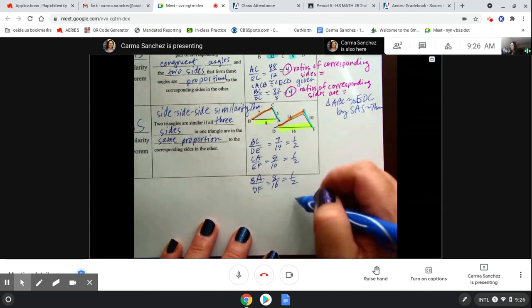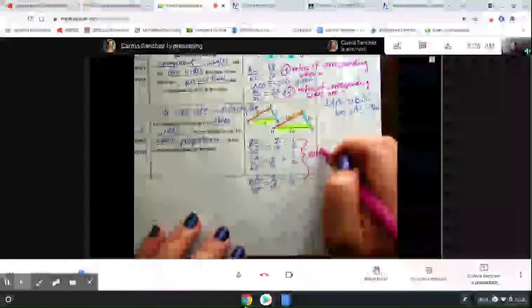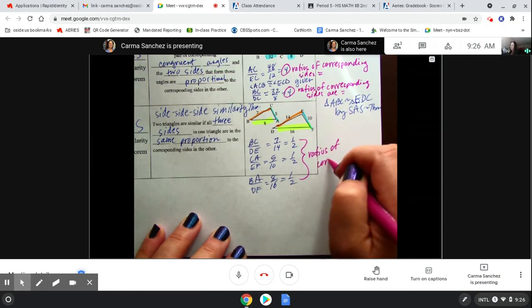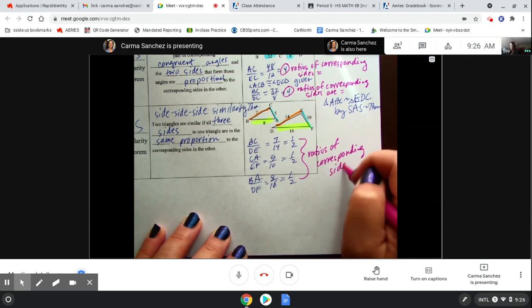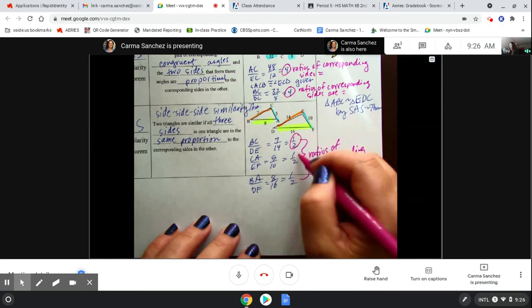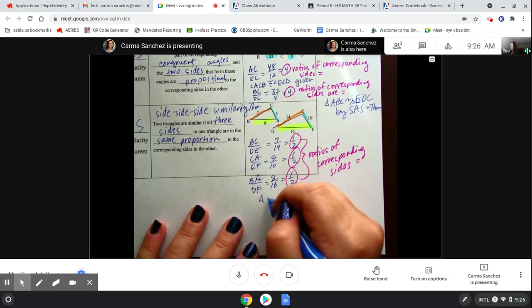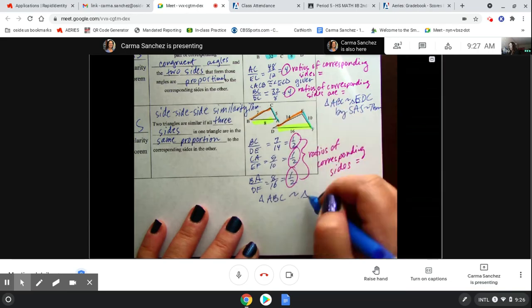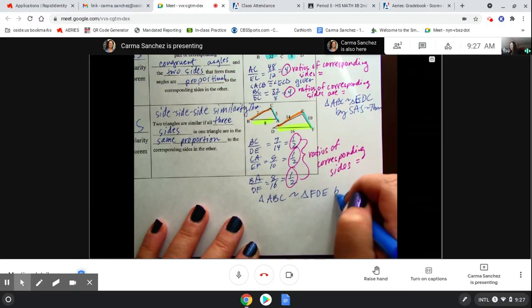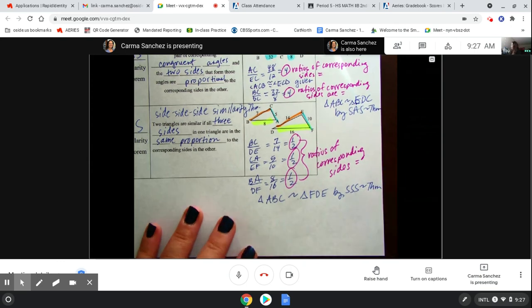Notice that all 3 have the same ratios. Ratios of corresponding sides are equal. They all have a 1/2. Because all 3 ratios are the same, we can say triangle ABC is similar to triangle FDE by side, side, side similarity theorem. How'd you do?